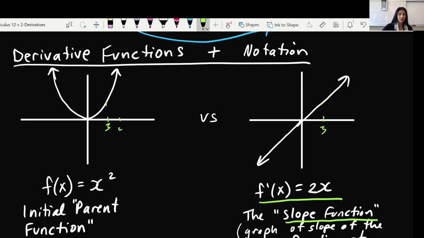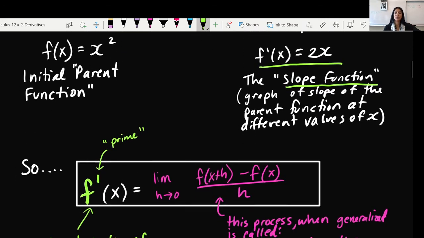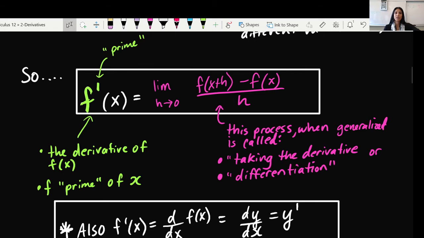And then if I wanted to figure out what it's at 4 or 5 or anywhere, this slope function equation, f prime of x, allows me to figure out the slope at any different point. So I wanted to just show you the graph so you could get a visual picture of what this looks like, but we'll actually move into how to calculate this stuff.